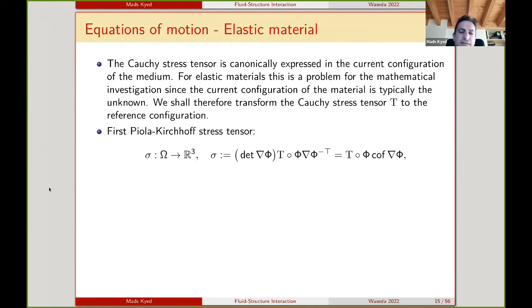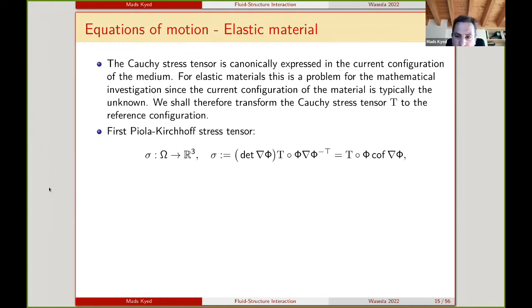We define the first Piola-Kirchhoff stress tensor as the determinant of gradient phi multiplied with the Cauchy stress tensor T composed with our deformation, times the inverse of the transpose of gradient phi.